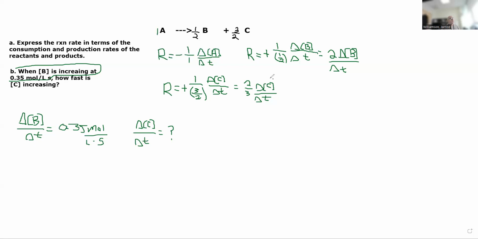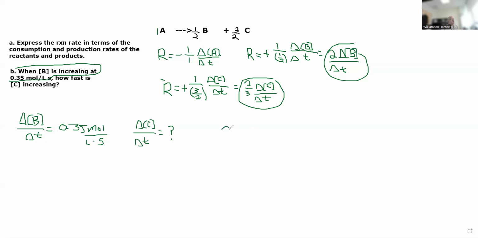Well, you know that this is equal to R, and this is equal to R. So they're both equal to each other.